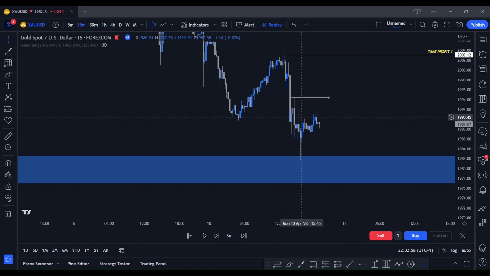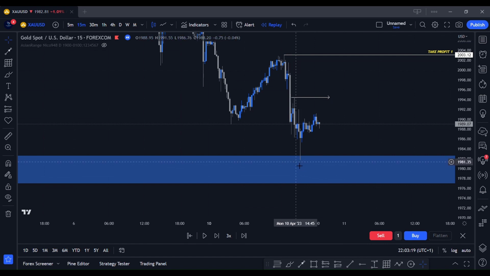That is how I would normally look for buying opportunities: first understanding that the high time frame order block or area of interest has been mitigated. Then I go on a lower time frame and look at the last wick, or the last price, that caused this push to the downside to our area of interest.